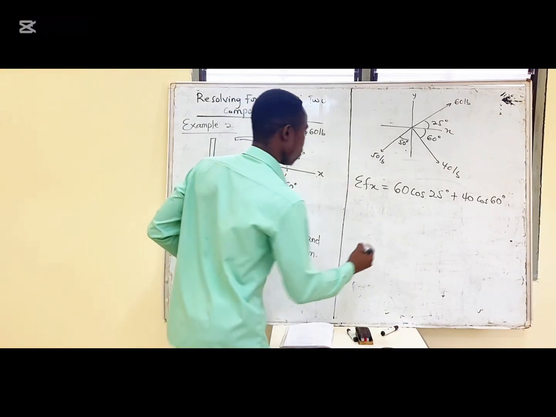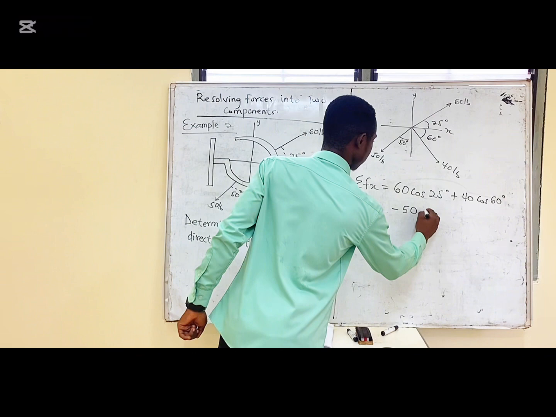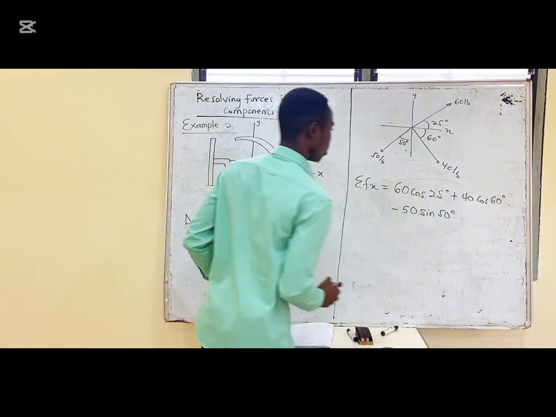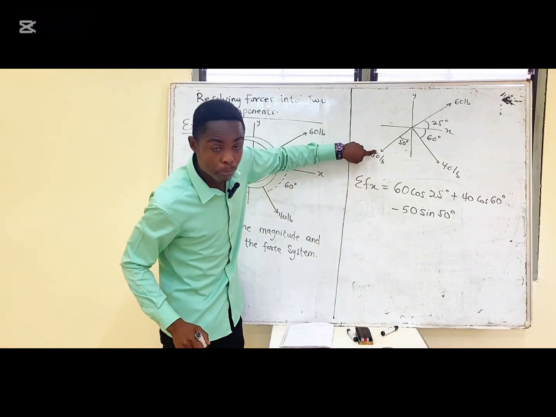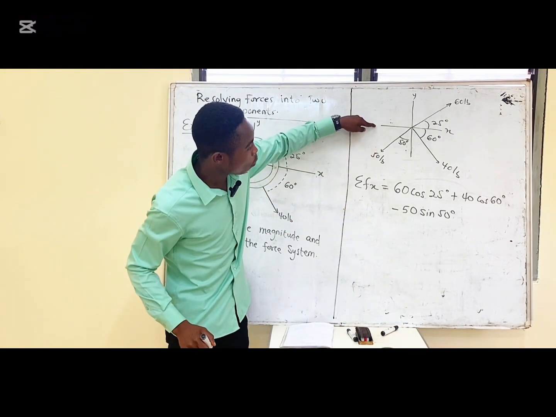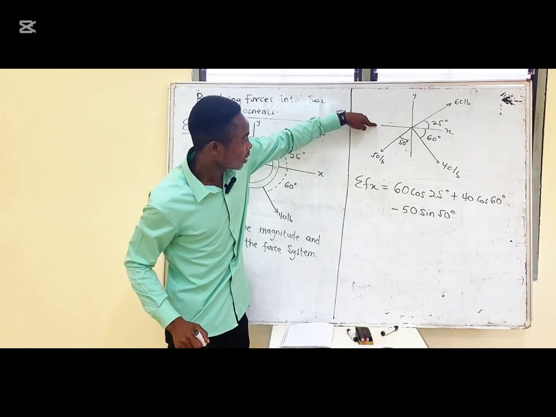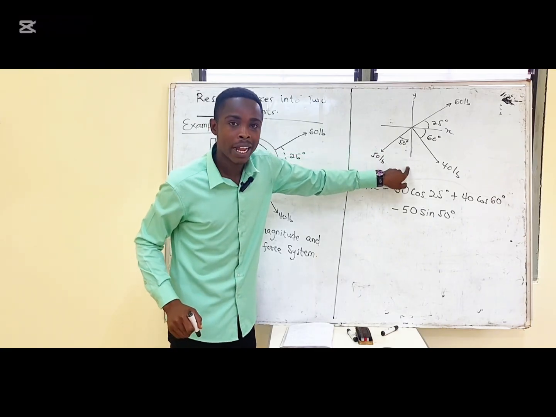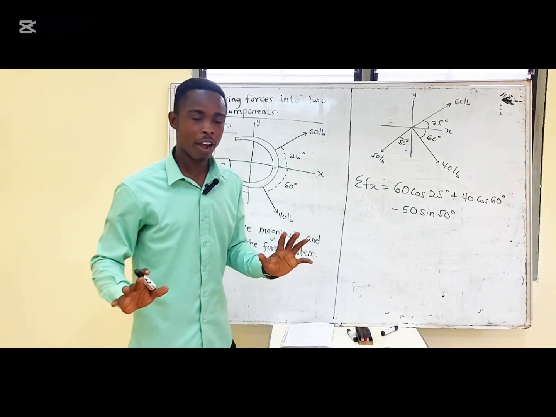Then finally, we have negative 50 sine 50 degrees. Why negative? Because if you resolve this 50-pound force into the x component, it will lie on the negative x-axis. And here, the angle is adjacent to the y-axis and not the x-axis. That's why we took sine. Please, I hope you are clear with that.